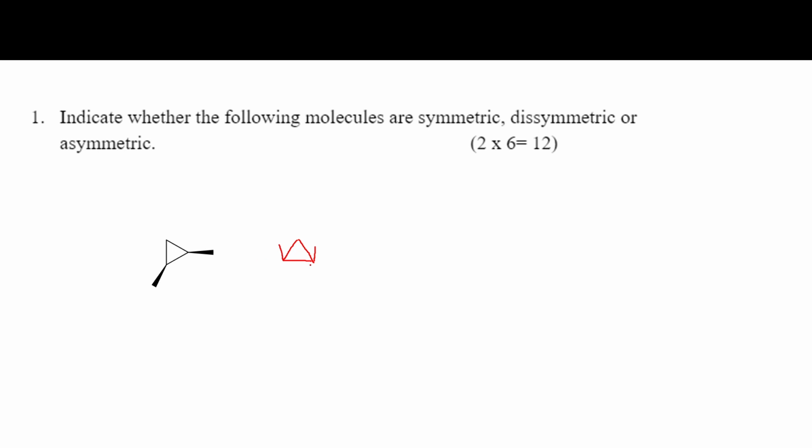If you rotate this molecule 180 degrees, this molecule has a sigma plane. So this molecule can never be chiral, and it is not asymmetric.